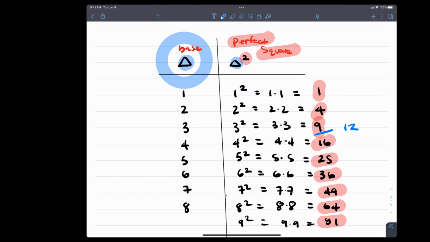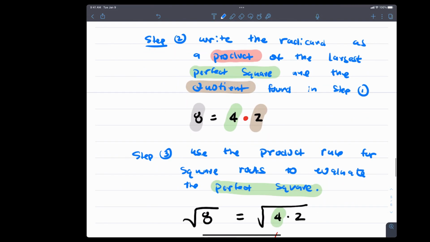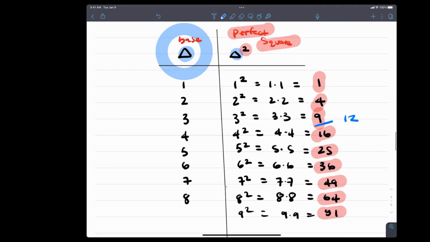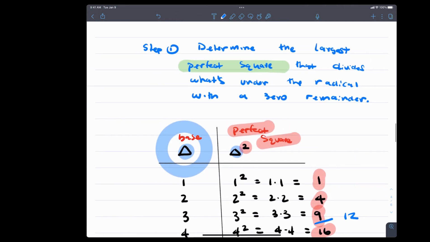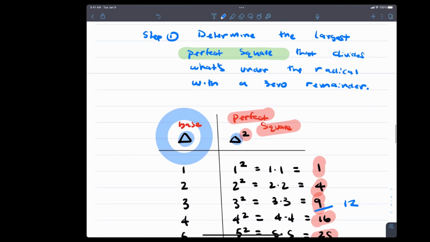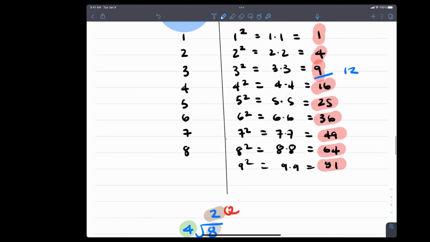You guys okay with that? Determine the largest perfect square that divides 12 with a 0 remainder. So what I would say is work backwards.